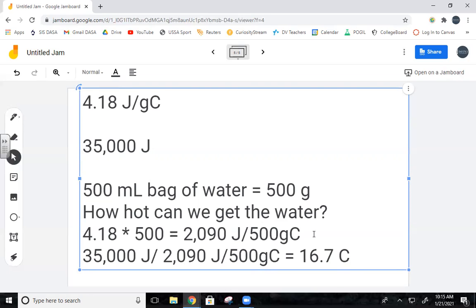So we can heat our 500 milliliter bag of water by 16 degrees Celsius. Do we see how that works? Yes? Cool.